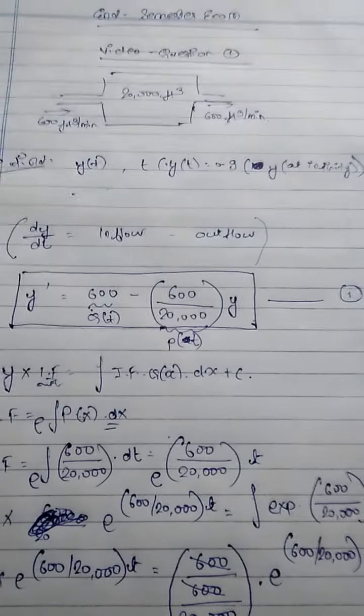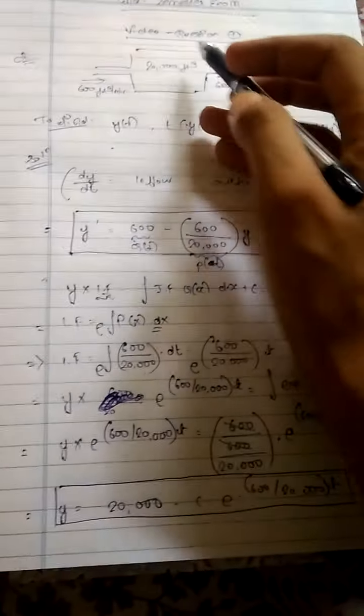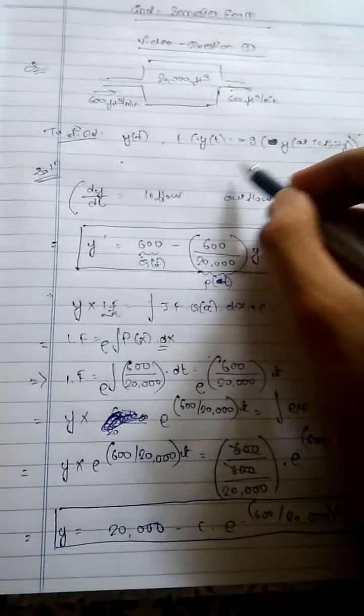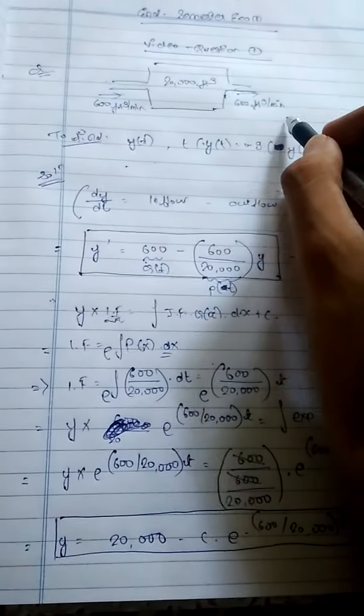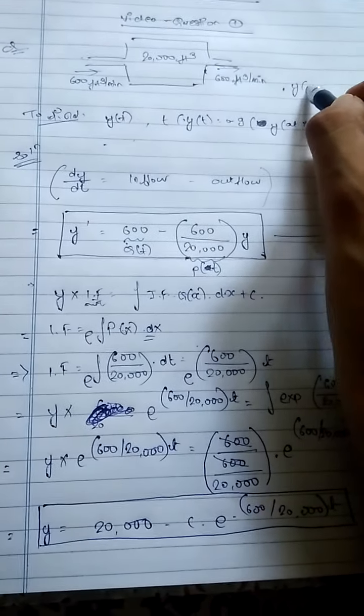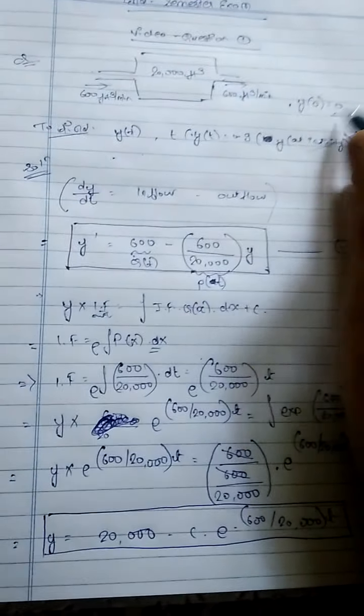The initial conditions said that we did not have fresh air at time t equal to 0. I did not write this, but it's understood that y at 0 is 0.